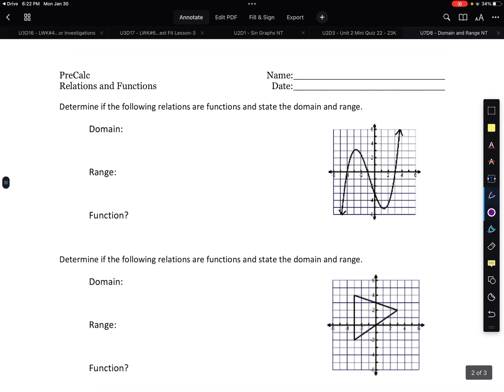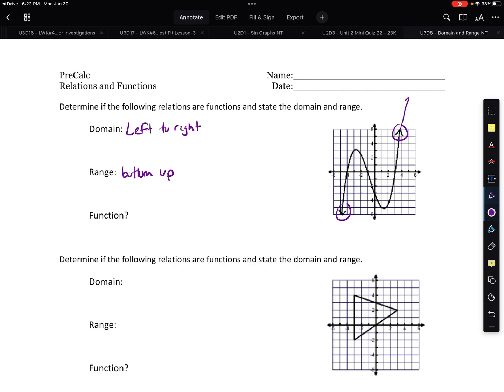All right, so here we go. So when I'm looking at domain, I am looking left to right. Right, and when I'm looking at range, I'm looking from the bottom up. Right, so if I look at this graph here, it has arrows at the end. And the key thing to realize with the arrows, it's going forever. Now, it's going forever with a slight tilt to the right up top. It's going forever with a slight tilt to the left on the bottom.